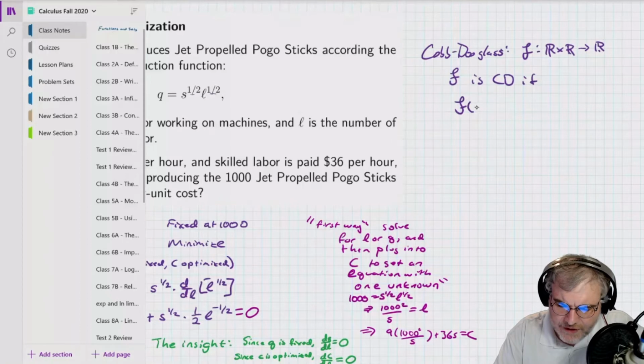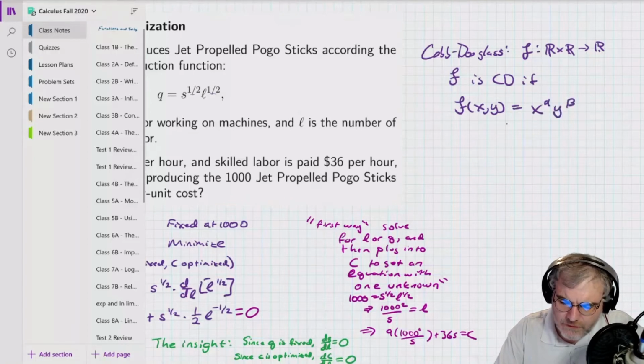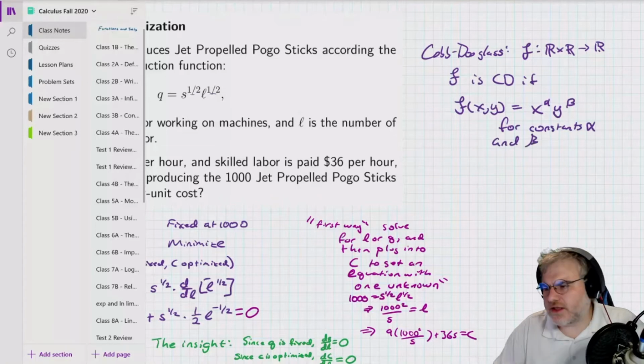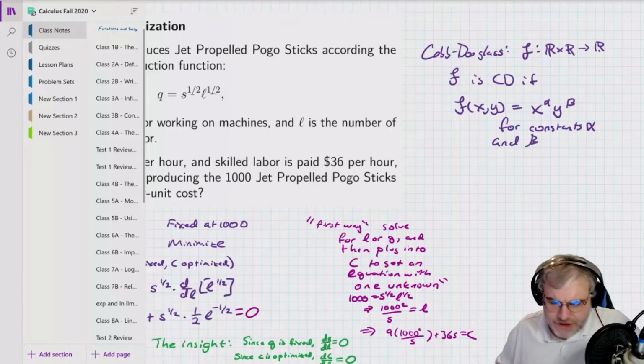So if I take a, b, I don't want to use a, b. Let's use x and y. Why not? So notice that z is now the output. If z equals x to the alpha, y to the beta for constants alpha and beta. And you don't need to know that definition, but that's what the definition is.